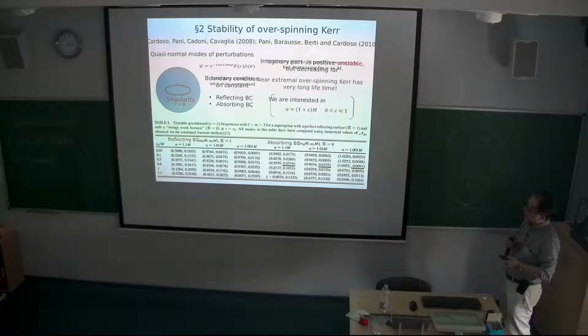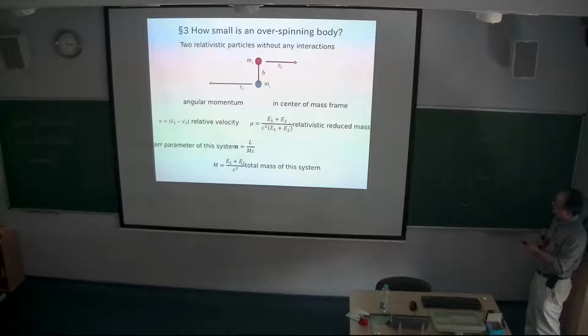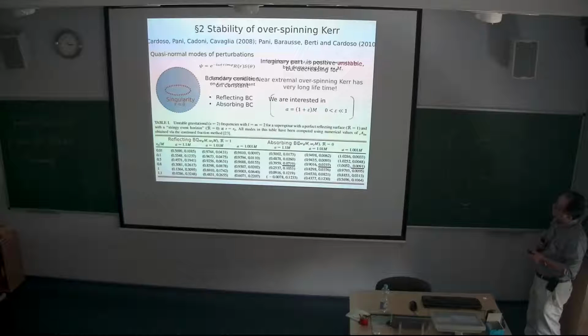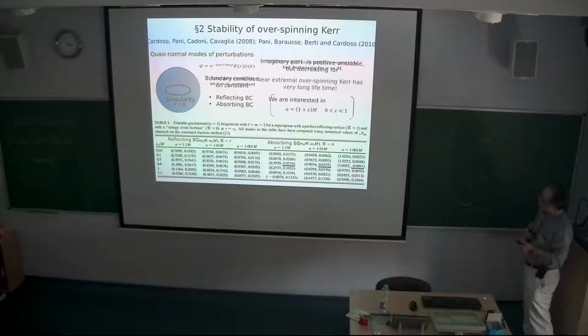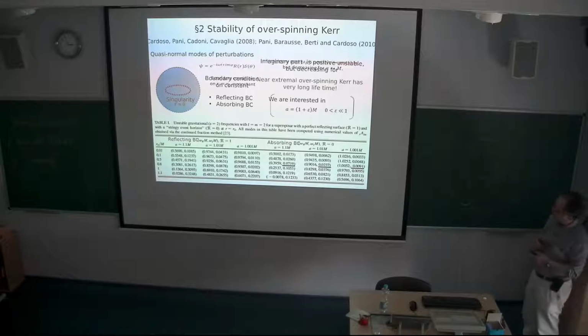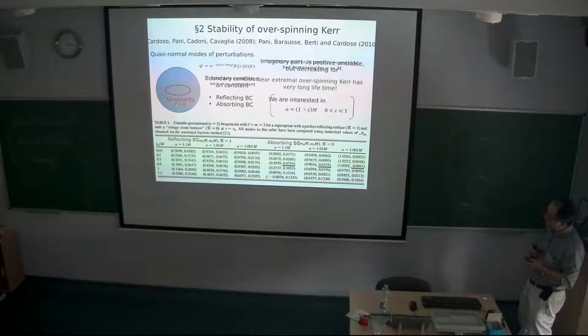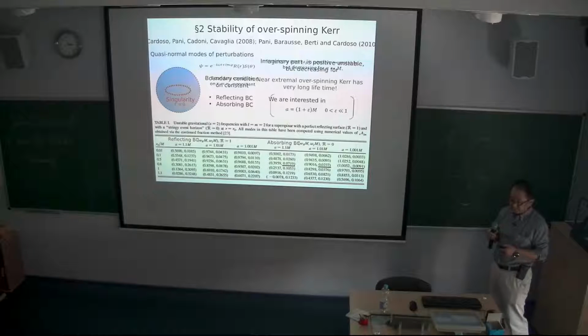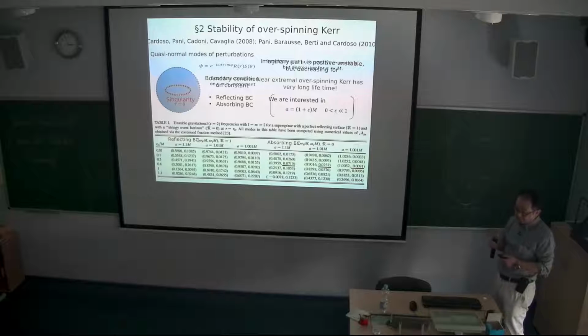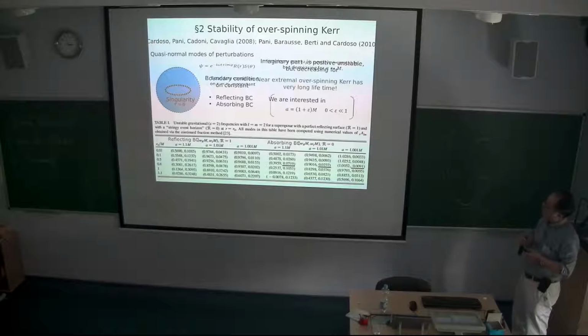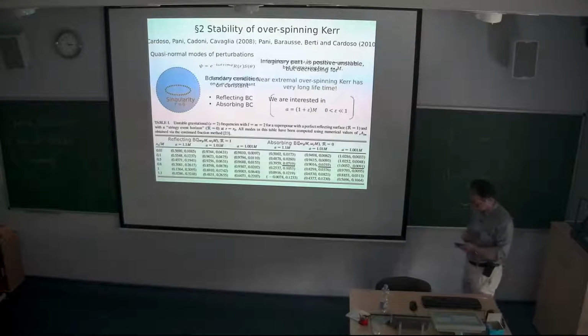Here it should be noted that we are interested in the case of the radius of the boundary sphere. A near-extremal overspinning Kerr geometry, with the parameter a little bit larger than the critical value, has a very long lifetime. We are interested in the case where this geometry is produced.